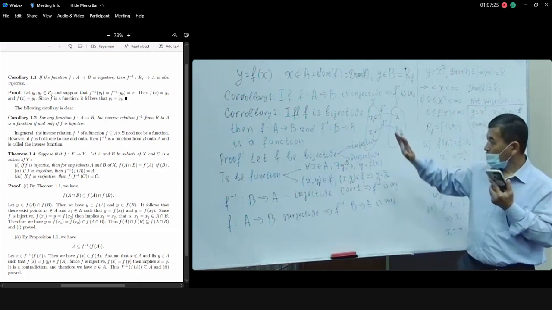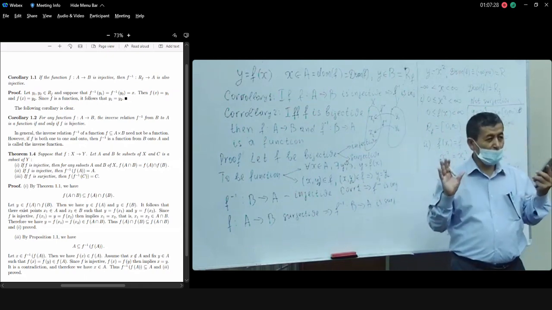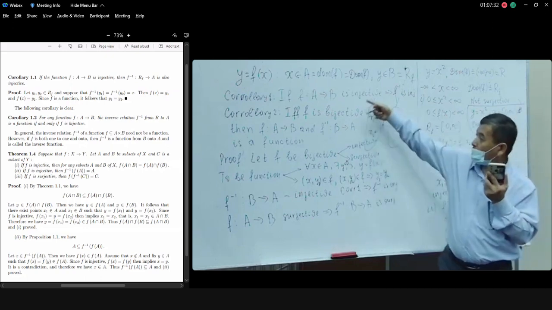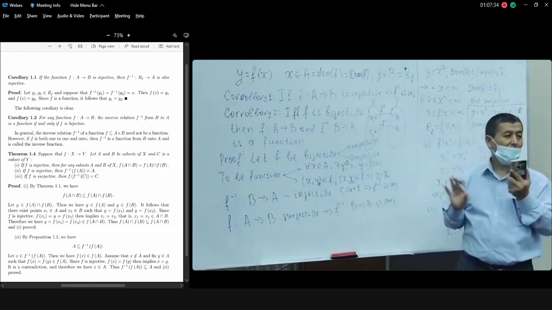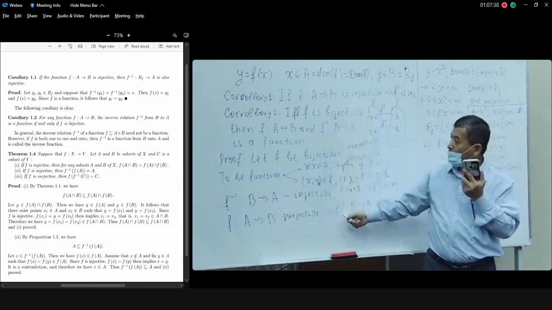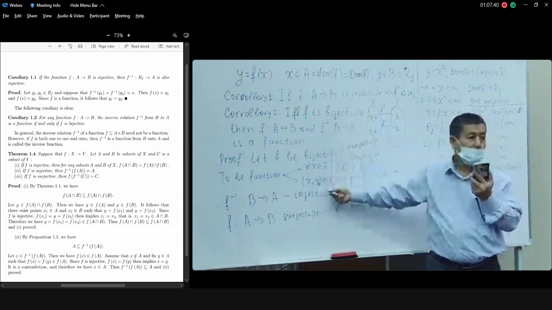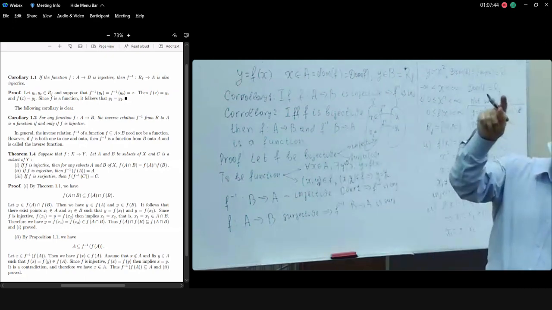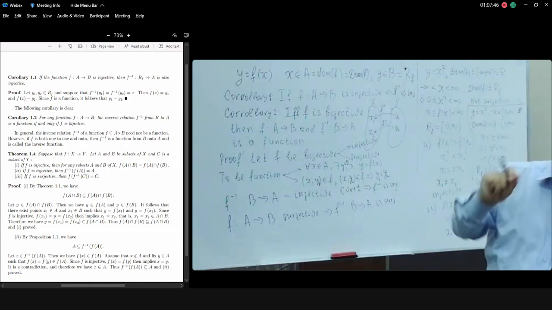I think this is the general proof of the theorem. We cannot prove it like this, as above. We just use corollary one and the definition. So that's the proof.